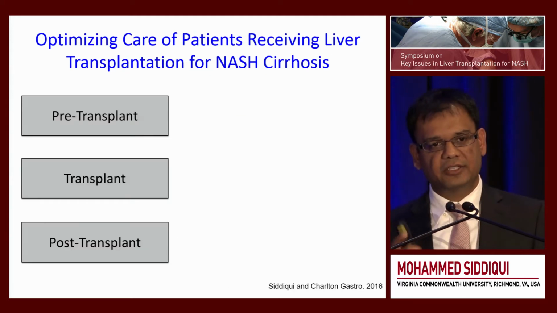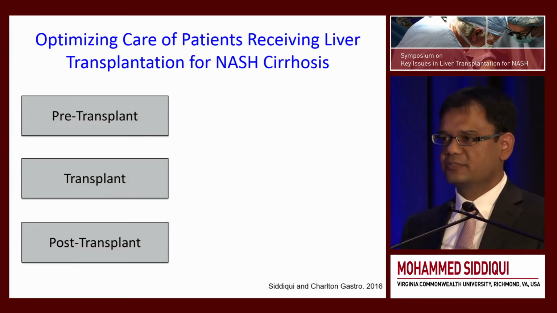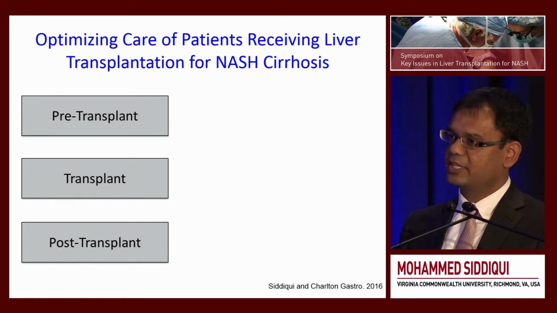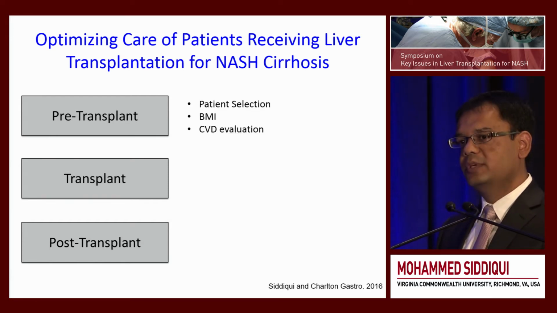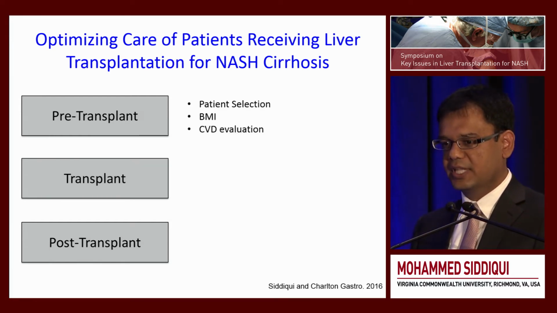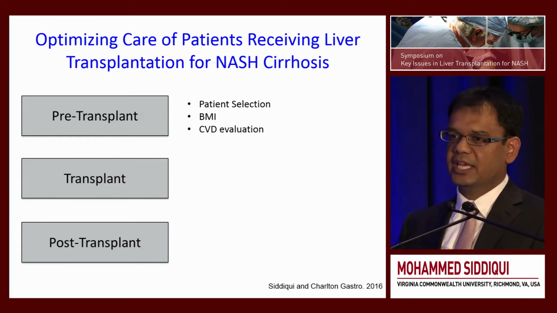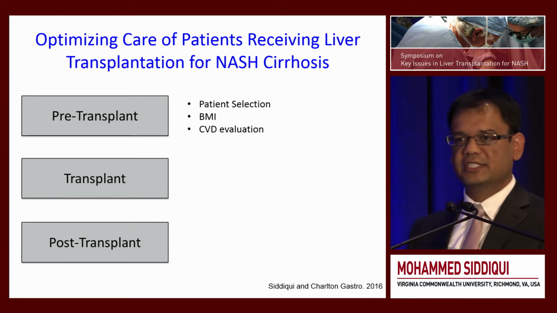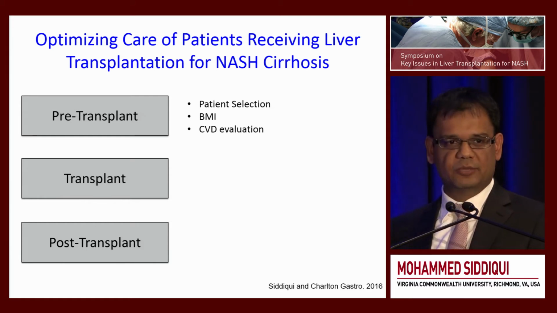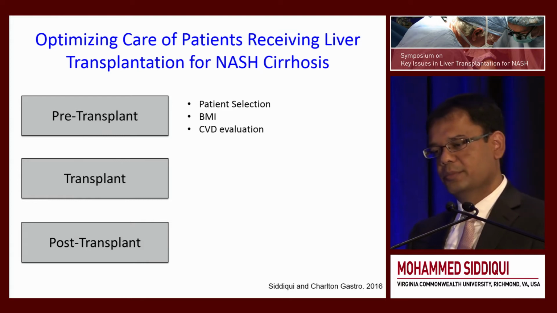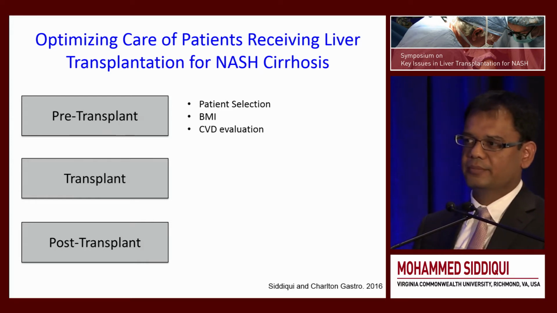How to take care of a post-transplant NASH patient can be divided up into 3 separate categories, and it begins with pre-transplant care. We have to be very careful in the patients we select. There has to be evaluation of their BMI, cardiovascular status. If you have a patient with a BMI of 65 who has uncontrolled diabetes, has extensive coronary artery disease, is likely not going to do well after transplant.